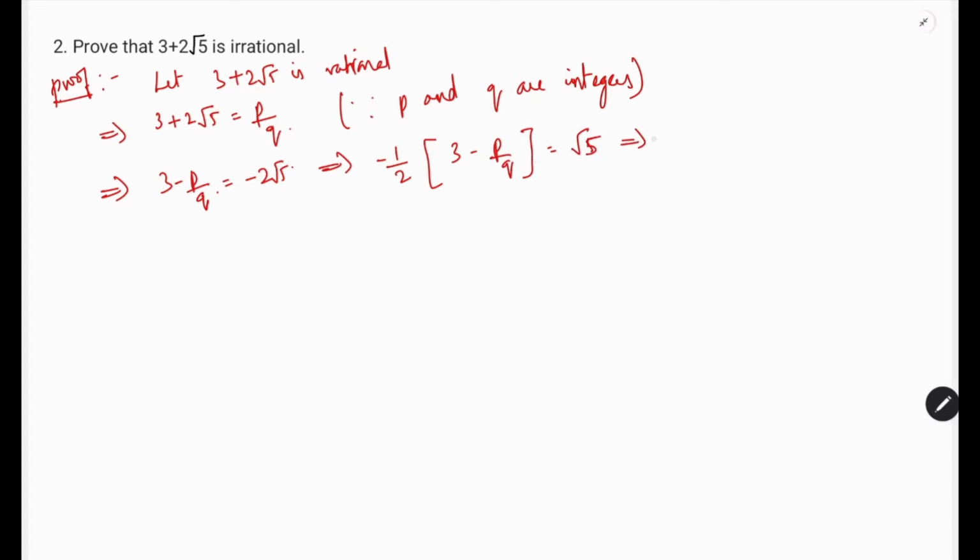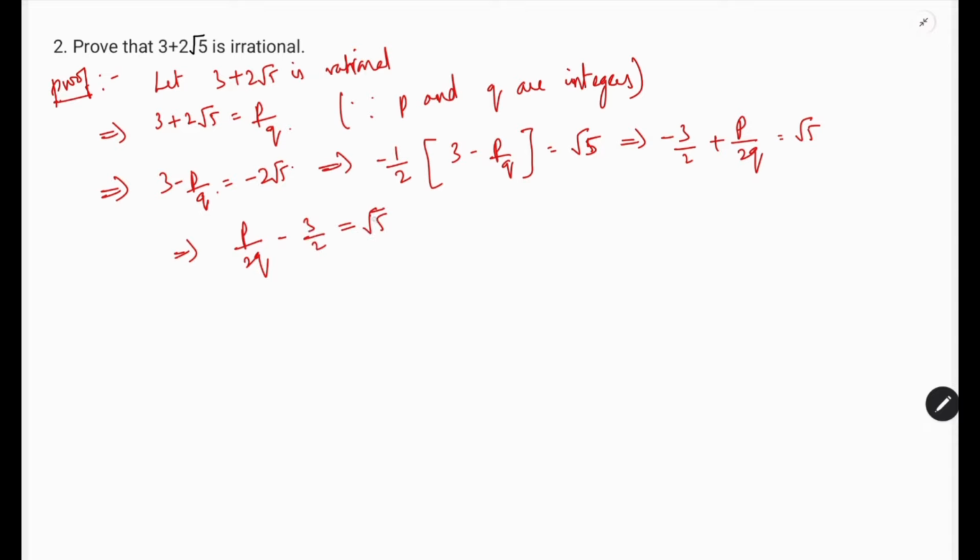Multiplying, minus 3 by 2 plus p by 2q is equal to root 5. So p by 2q minus 3 by 2 is equal to root 5.